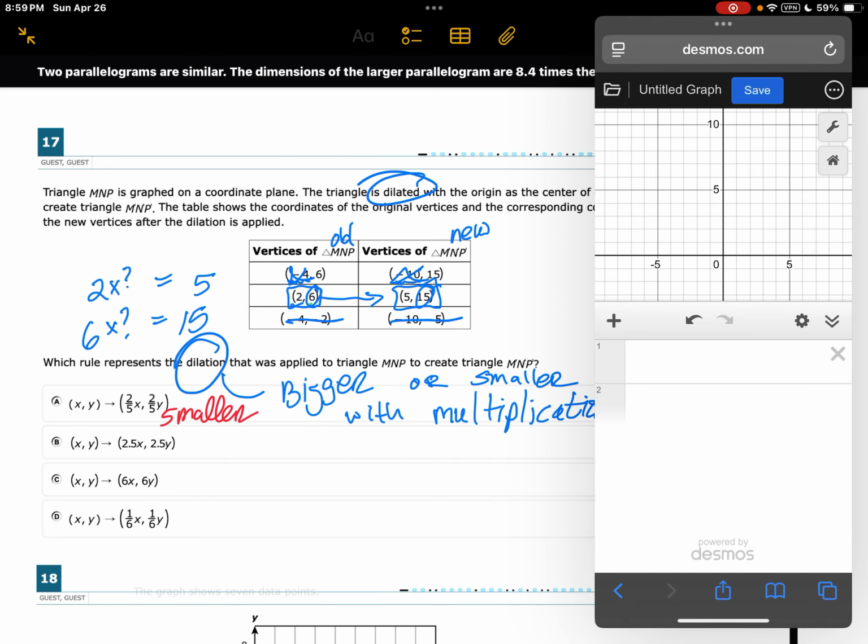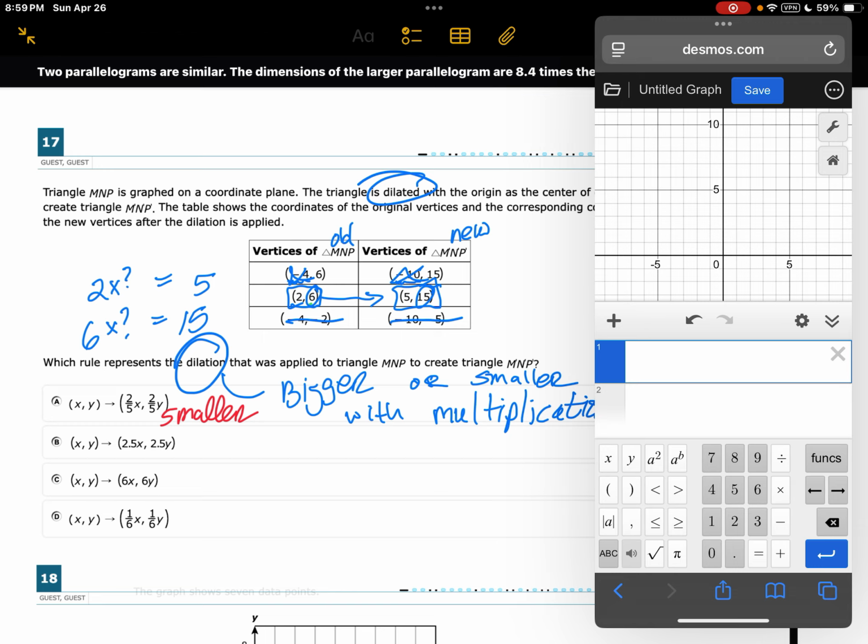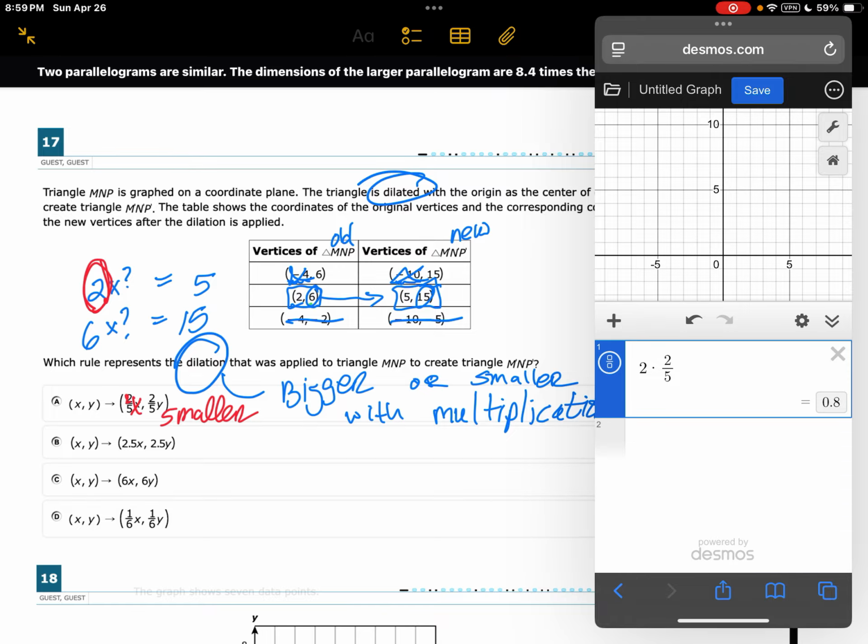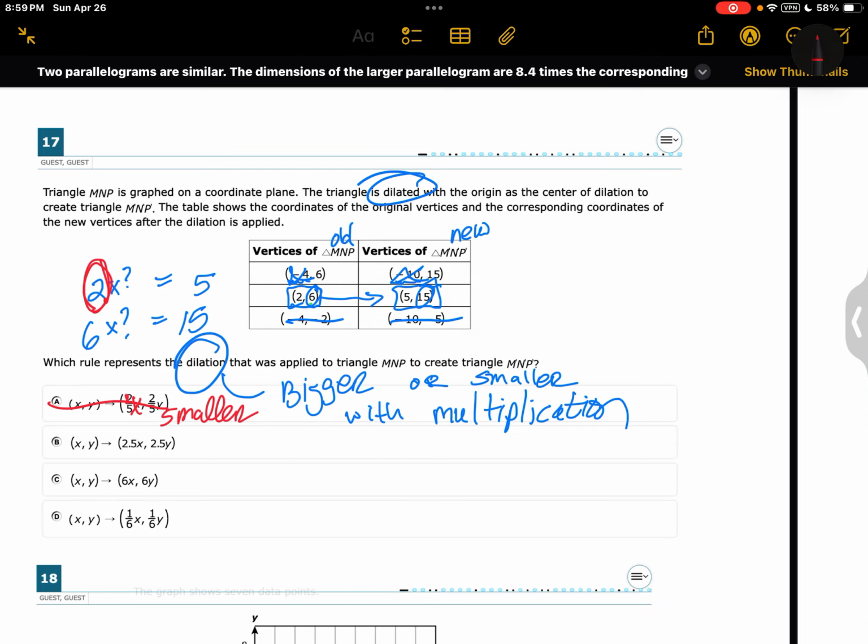Take the 2/5, multiply it with your x, which is 2, to see if it equals the 5. So 2 times 2/5, and no, I get 4/5. Not it. But like I said, hopefully we could tell that with that choice it would get smaller.